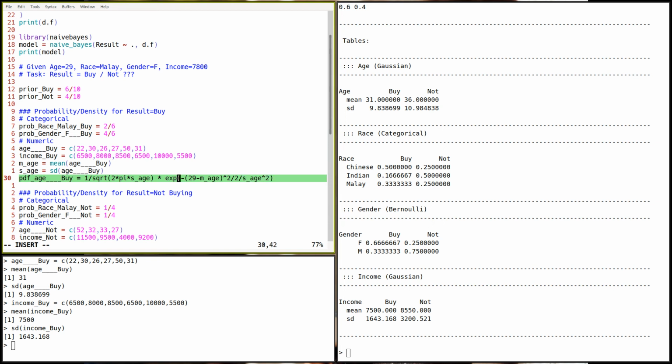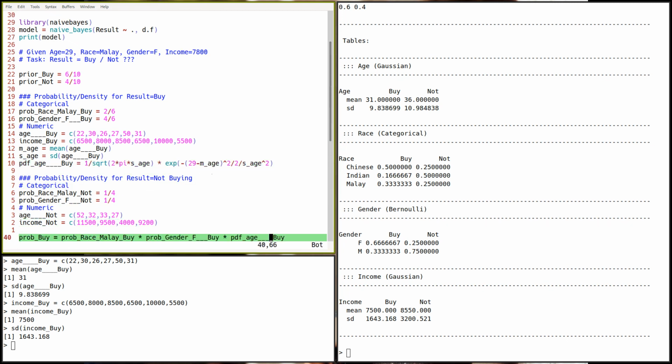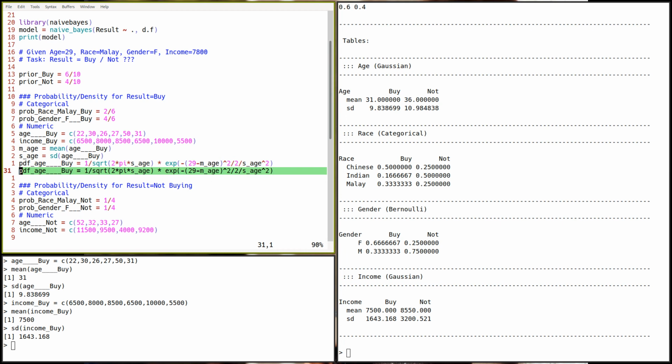I think that's correct. Similarly for income. I'll just put income, this abbreviation, instead of being too long.